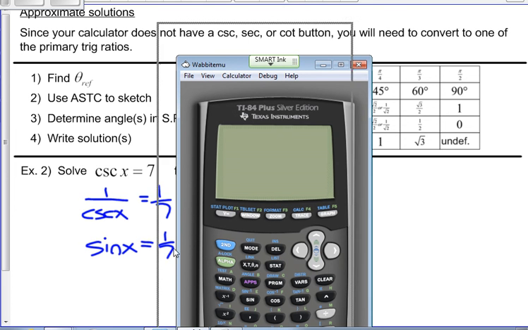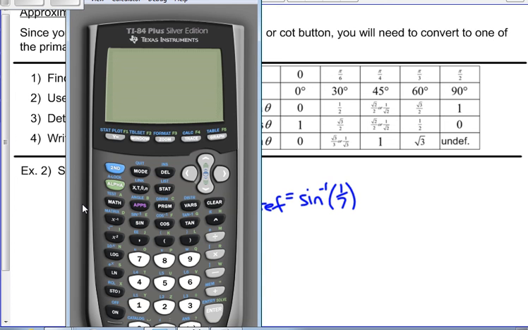Okay, let's go and do that. And we're working in radians here. So I'll make sure my calculator's in radians. Yep. Inverse sine of 1/7 gives me 0.143 radians. So a pretty small angle.